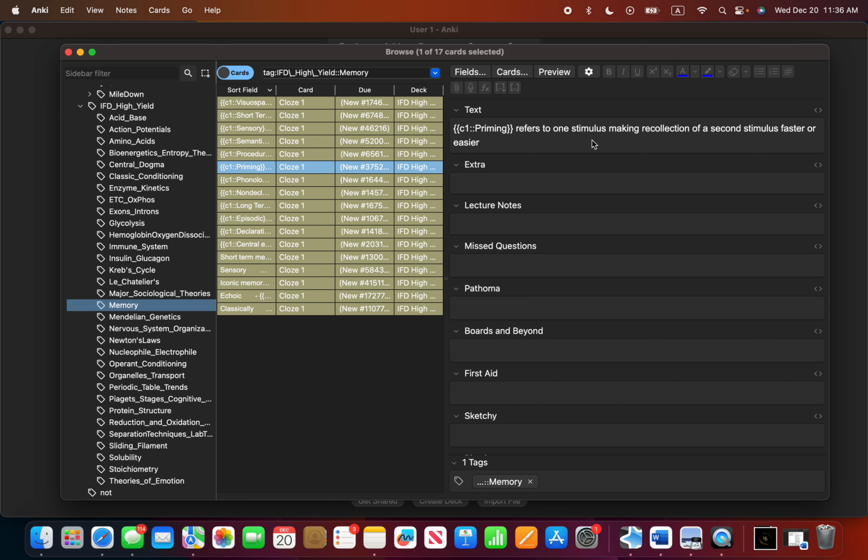So if one stimulus makes recollection of a second stimulus faster or easier, it is called priming. We need this for the MCAT because the more you prime, the faster that knowledge comes to your head. And it's right there when you need it.